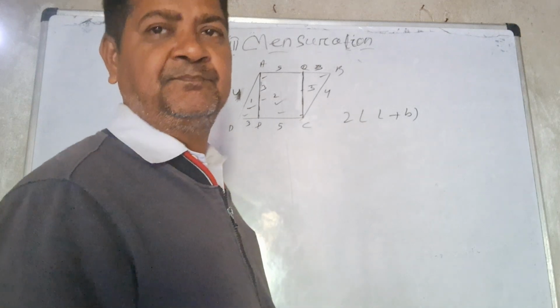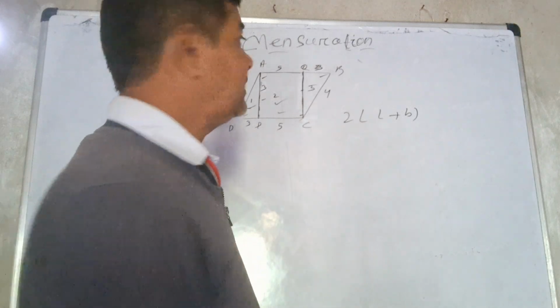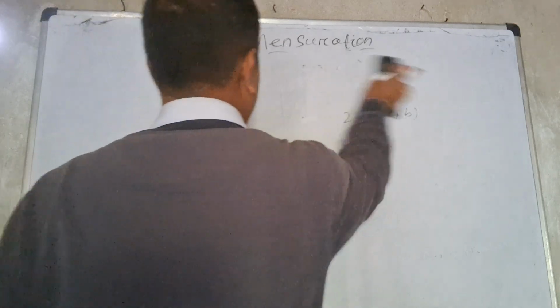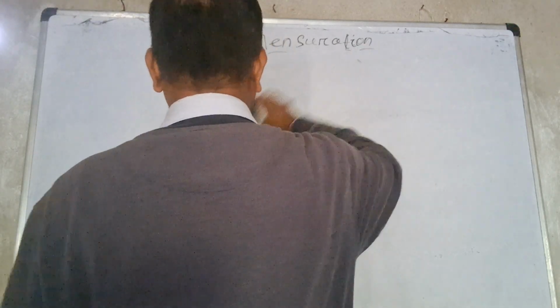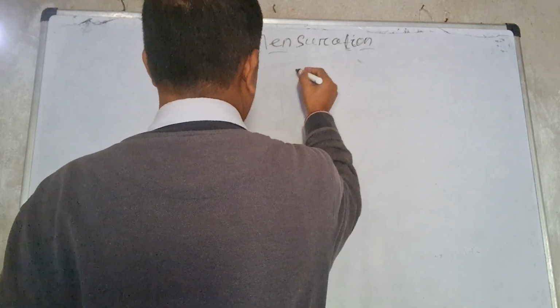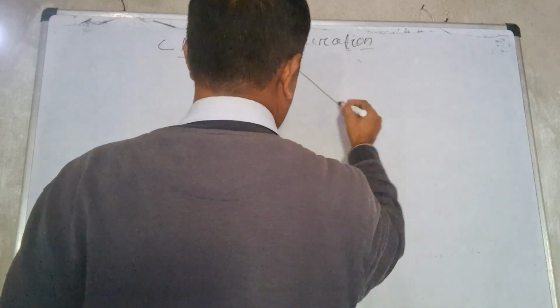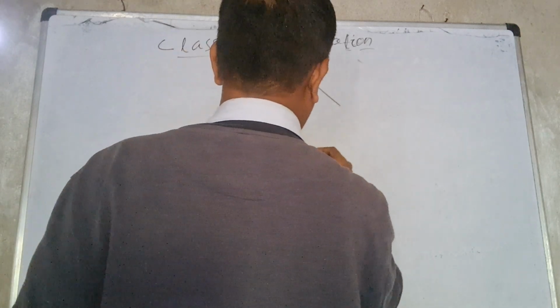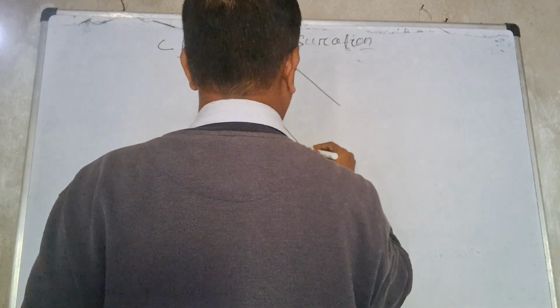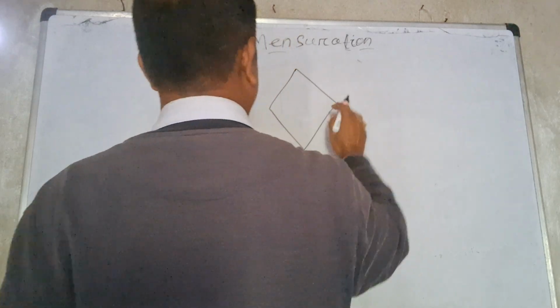Then let's go to another polygon, the rhombus, very related to your square.